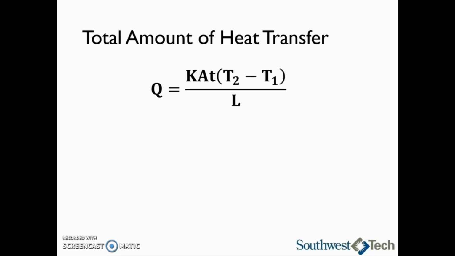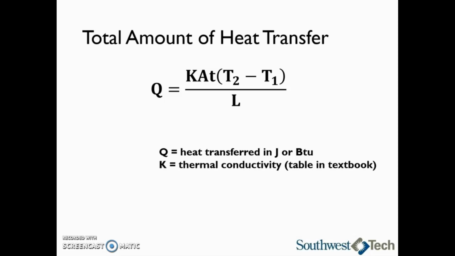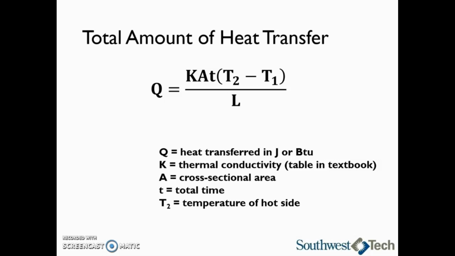Q is the total amount of heat transferred in joules or BTUs, depending on the rest of your units. This is equal to K times A times T times the quantity capital T2 minus capital T1, all divided by L, where K is the thermal conductivity, which can be found in a table, A is the cross-sectional area, T is the total time, capital T2 is the temperature of the hot side, capital T1 is the temperature of the cold side, and L is the thickness of the material.